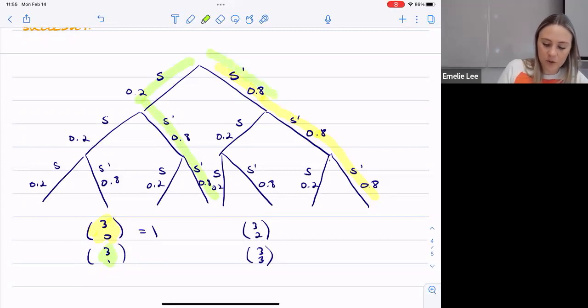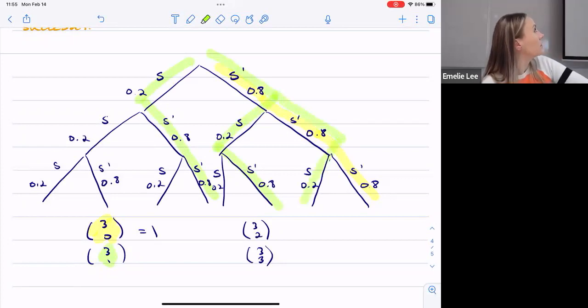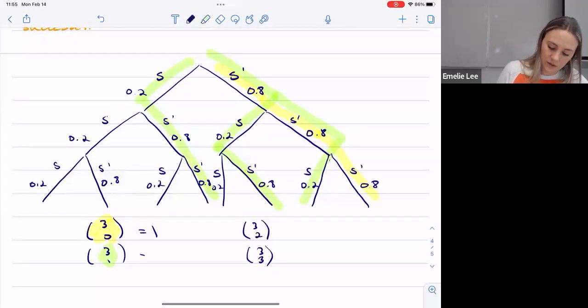If I don't get the first one in, I could get the second one in, but then I'm not allowed to get the third one in. Or if I miss the first one and miss the second one, then I can get it in on the third one. So we see that there's 3 ways.